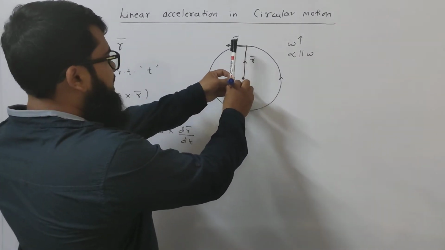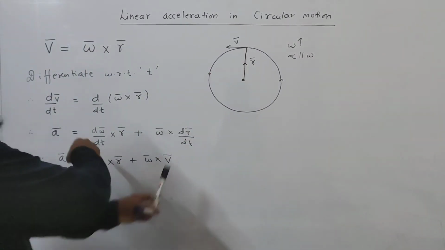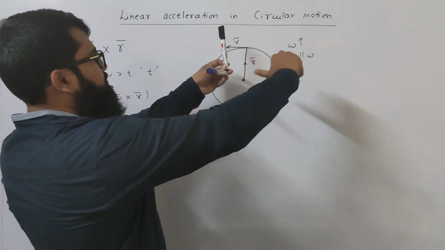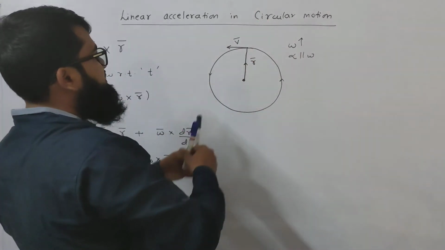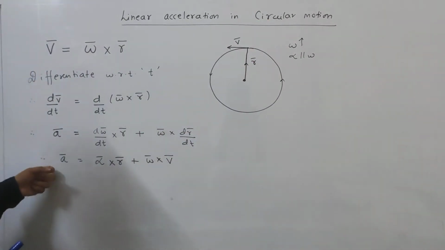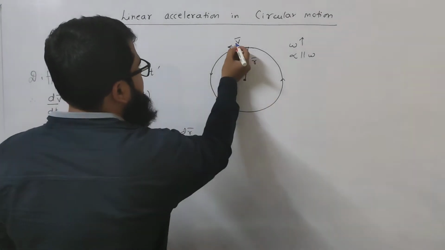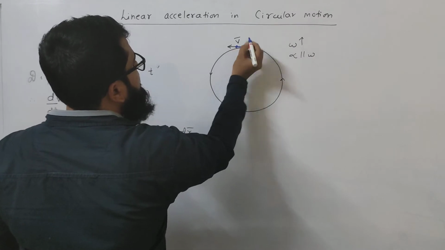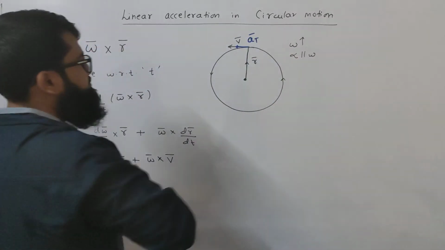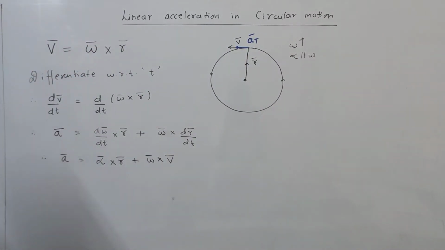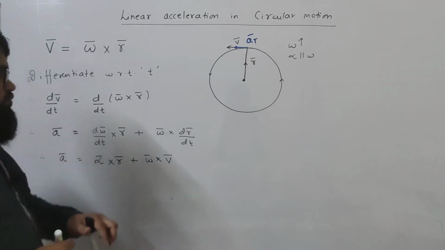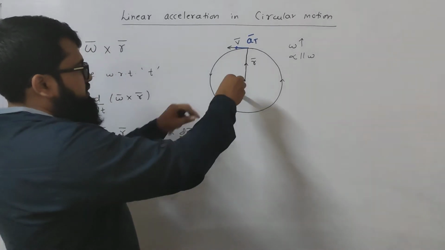So if you take alpha cross r, you will get the direction of v, which means the component of linear acceleration in the tangential direction is this, at bar. Now let us see the other component, which is omega cross v. Where is the direction of omega? Omega is here.